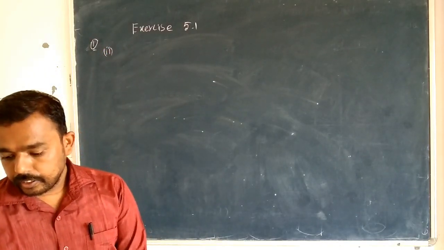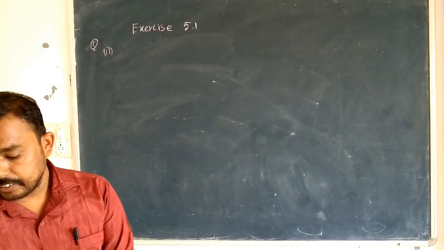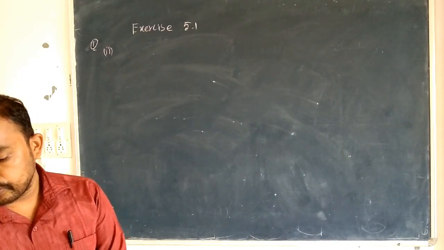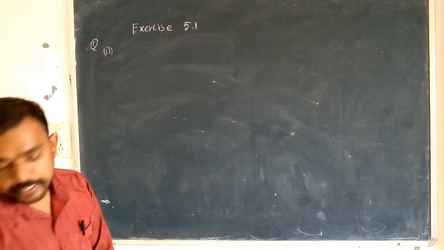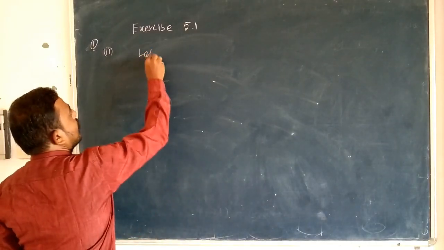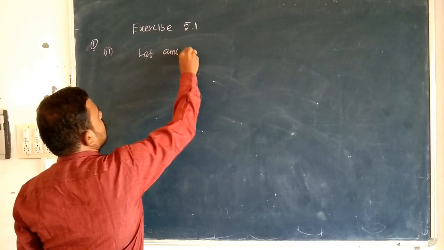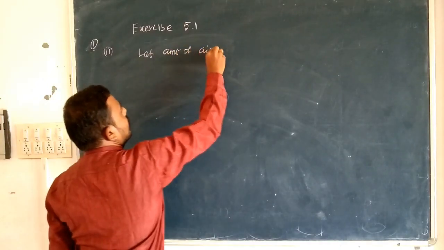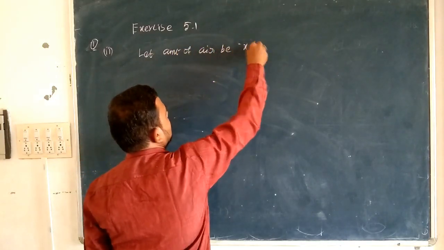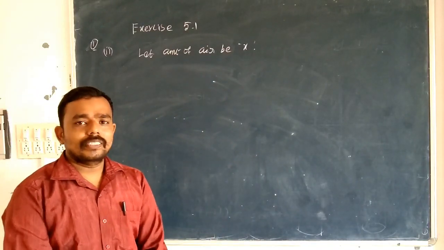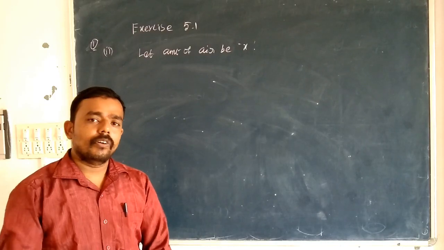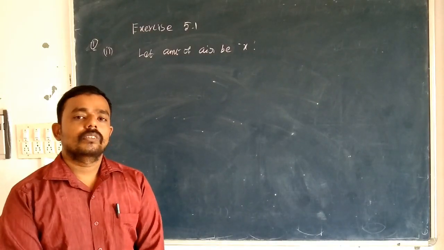The amount of air present in the cylinder when a vacuum pump removes 1/4 of the air remaining in the cylinder at a time. Let the amount of air be x. Why x? Because we don't know, but it is removing 1/4 and so on.